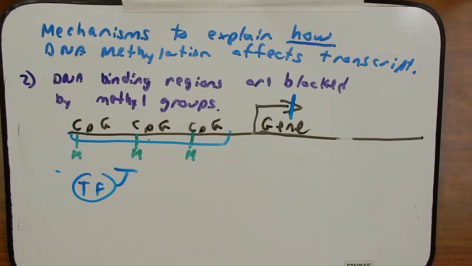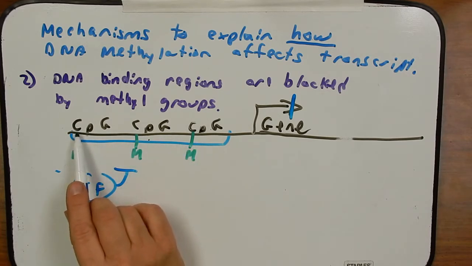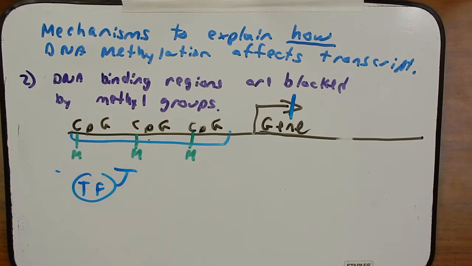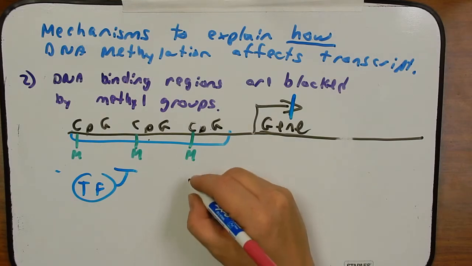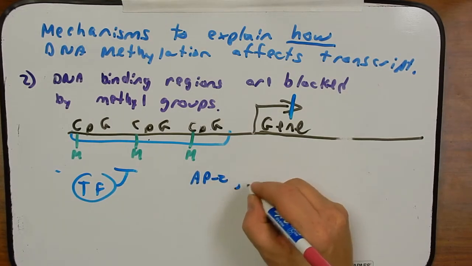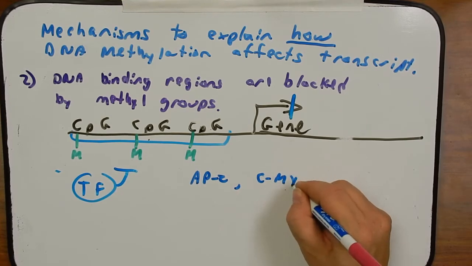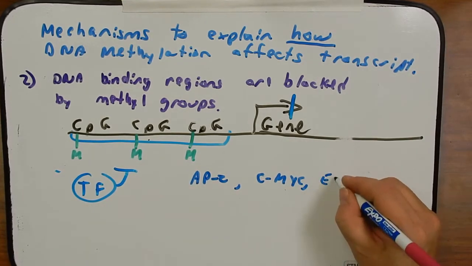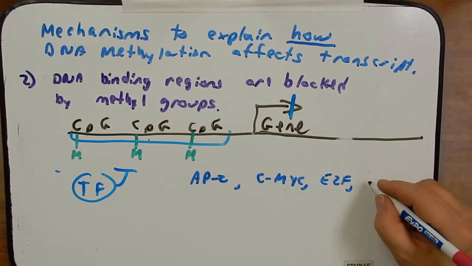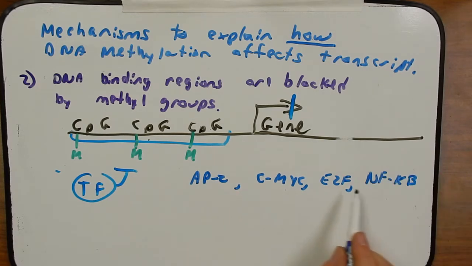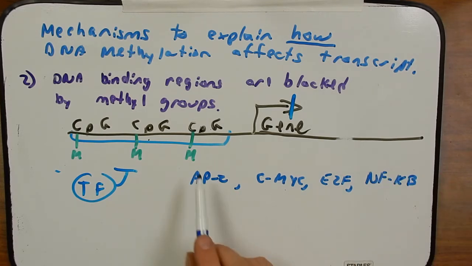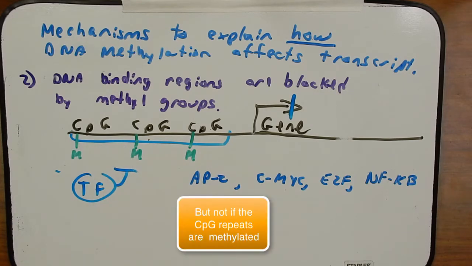Some evidence that would support this is that there are several transcription factors that are known to recognize promoters or promoter regions with a lot of CpG repeats in them. These include AP2, c-Myc, E2F, and NF-kappa B. All of these transcription factors recognize promoters that have several CpG repeats in them.